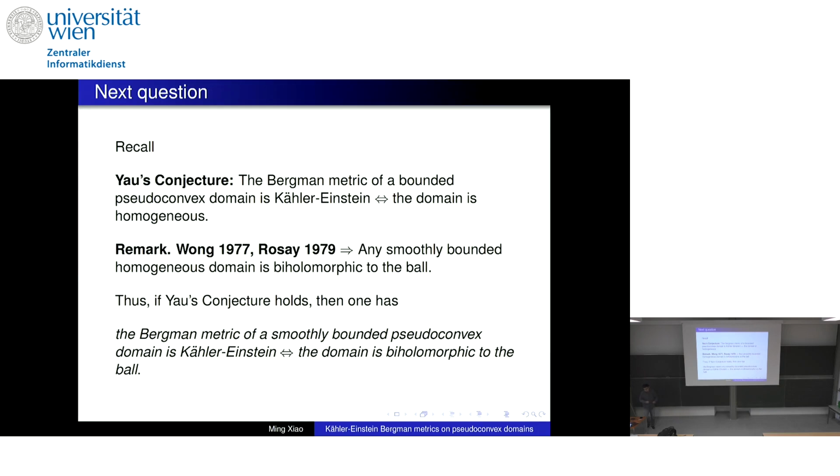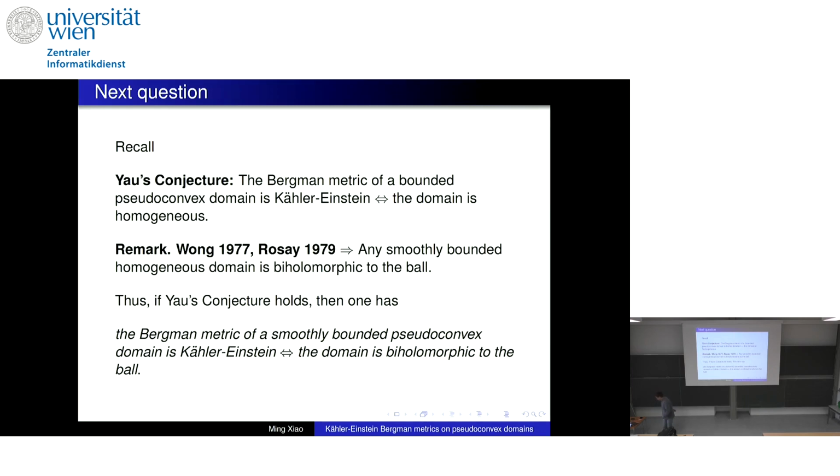And if Yau's conjecture is correct, then this domain is homogeneous. Homogeneous means every boundary point is a boundary orbit accumulation point. And we know that for a smoothly bounded domain, there must exist a strongly pseudoconvex boundary point. Then there must be a boundary point which is strongly pseudoconvex and which is also a boundary orbit accumulation point. Then this means if we use Rosay, it must be biholomorphic to the unit ball.